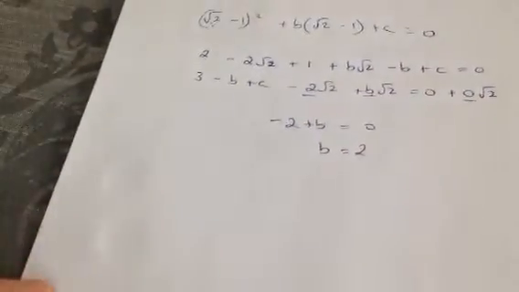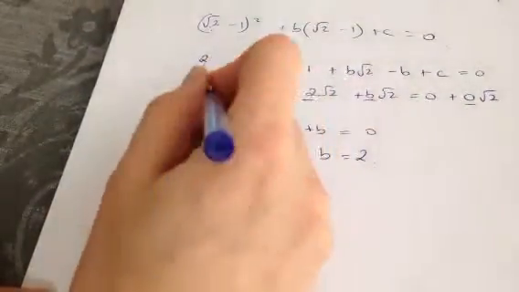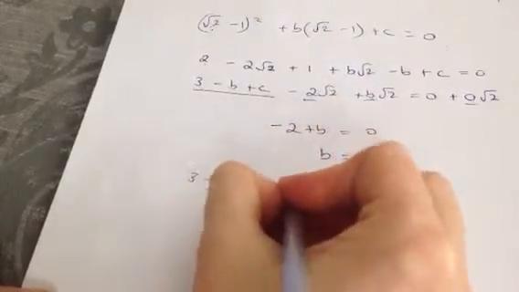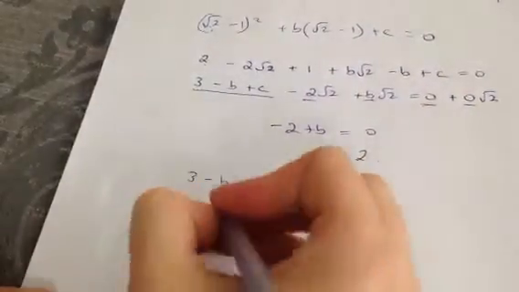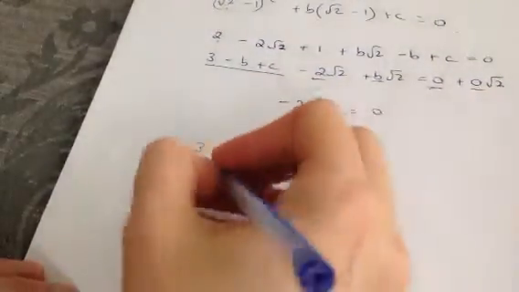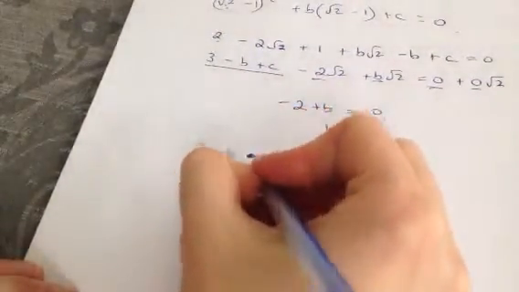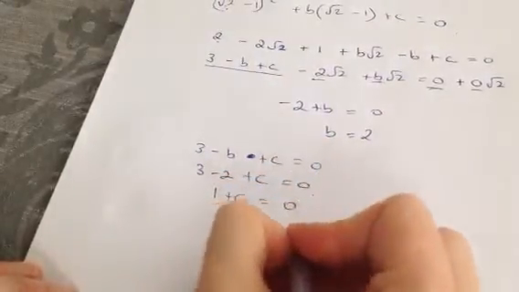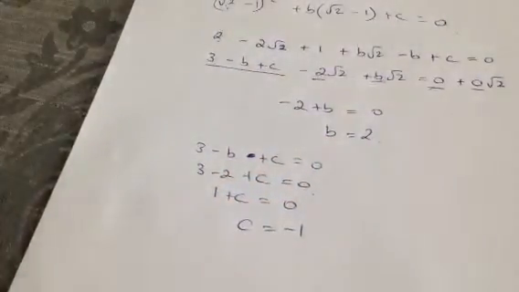That's one solution. And then over here I have 3 minus b plus c is equal to 0. So b is 2, so that's 3 minus 2 plus c is equal to 0. So it's 1 plus c is equal to 0, c is equal to minus 1. They're my two solutions for b and c.